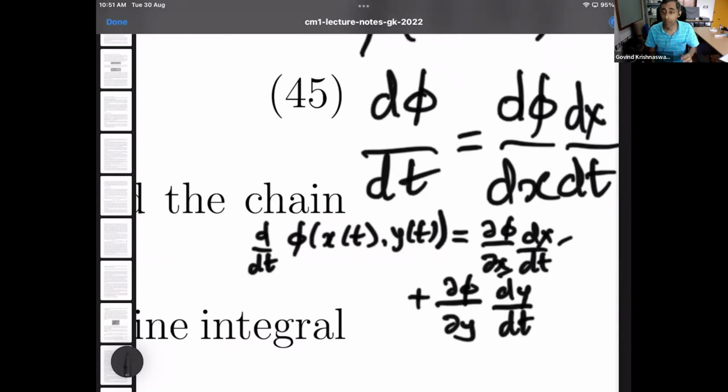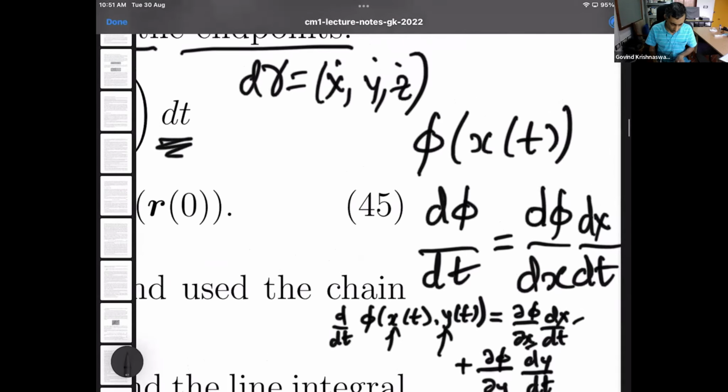That is a way to remember the formula if you wish. Of course, it is a sum of terms because phi depends on time through x as well as through y. So one has to account for both contributions. And if there's a third variable in phi, you have to add the third term as well.